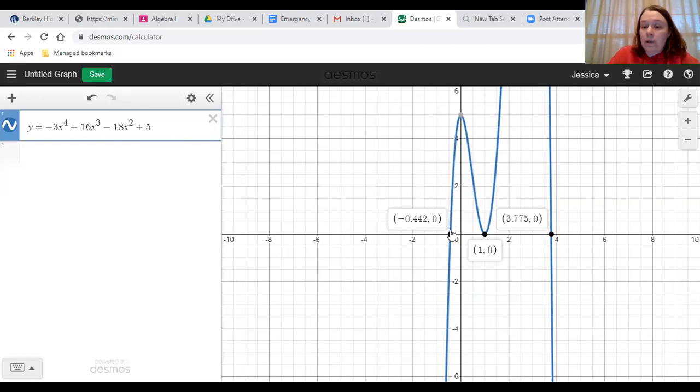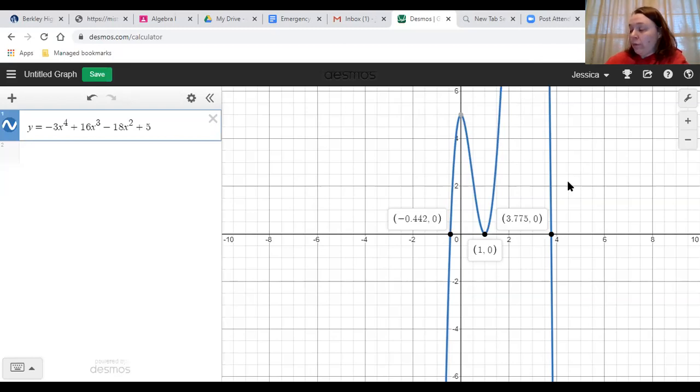And they start out being positive here, and they stop being positive here at 1. So it would be positive from -0.442 to 1. Okay, and then as I go and trace along here, it is still positive, but I have to think of this as 2 different intervals because technically here, the y value is 0, that's not positive or negative. So I'd have 2 intervals there, right?